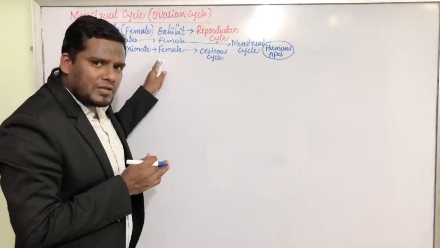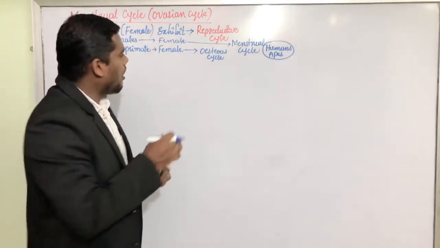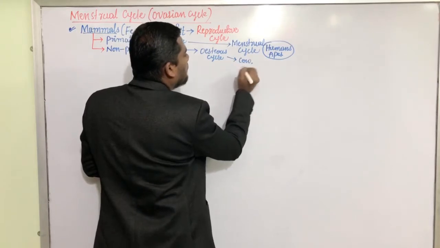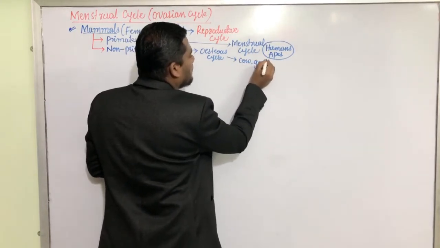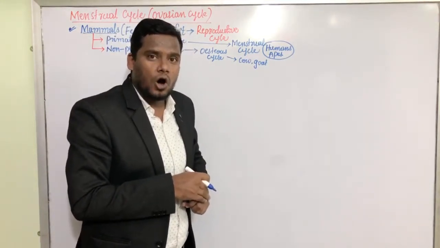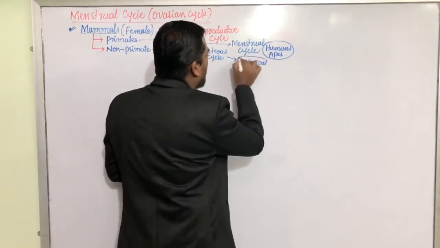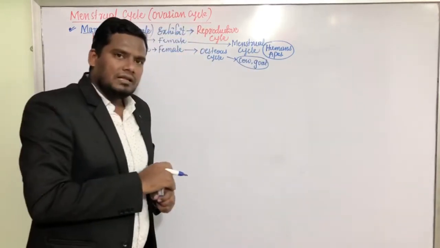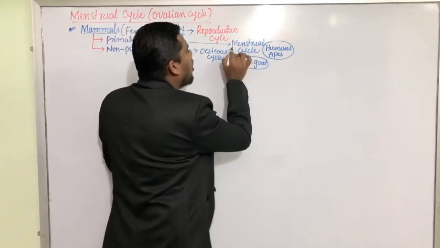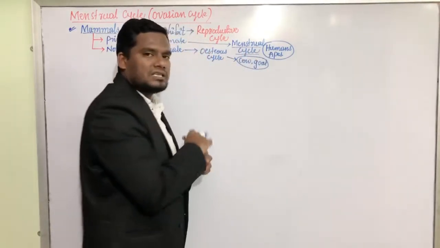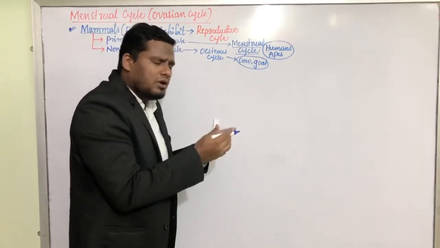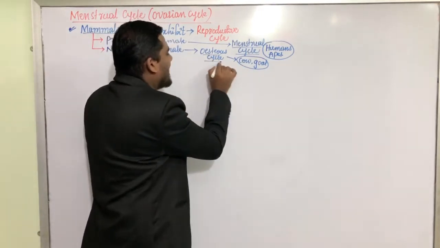What are the examples for non-primates? Non-primates' best examples are cow, goat, sheep, buffaloes, cats, dogs. That means the human female shows menstrual cycles, whereas cow, goat, sheep, buffalo all show the oestrous cycle.